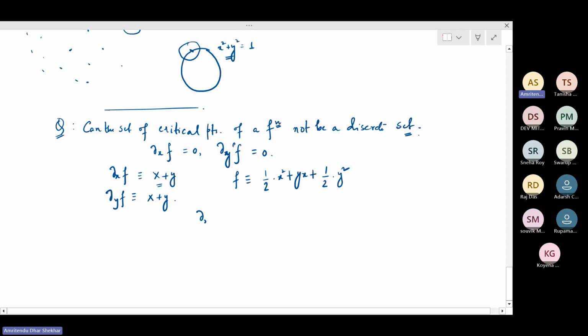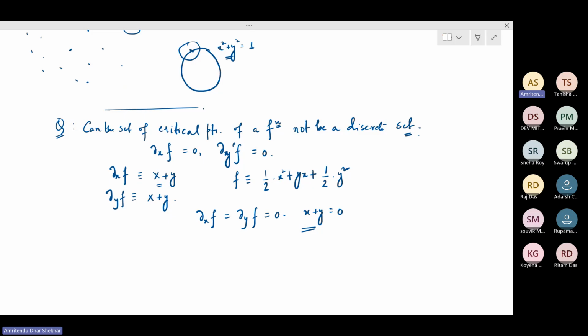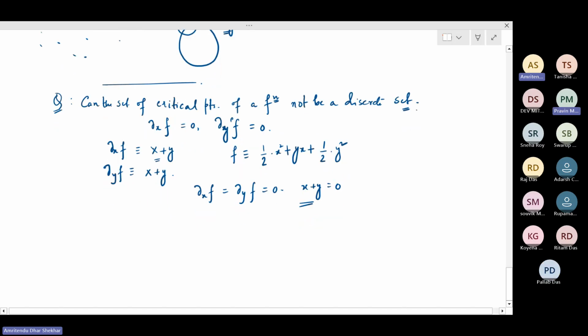So now if you solve del x of f equal to del y of f equal to 0, you get x plus y equal to 0. But the set of points in R2 satisfying x plus y equal to 0 is not a discrete set, right? It is basically a line, the equation of the line satisfying x plus y equal to 0.